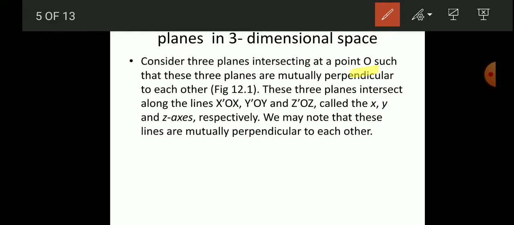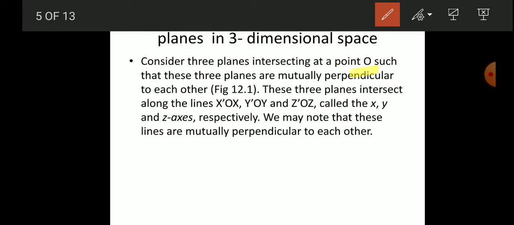The three planes intersect along the lines x dash ox, y dash oy, z dash oz, called x, y, and z axis. Similarly, like the previous one, here too the three mutually perpendicular planes will intersect at O, which is known as the origin.